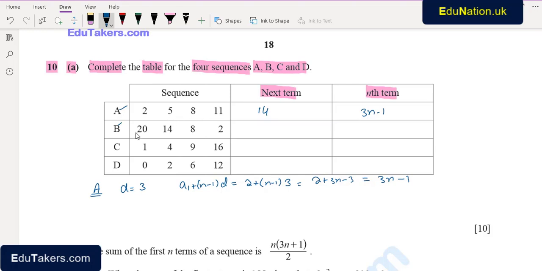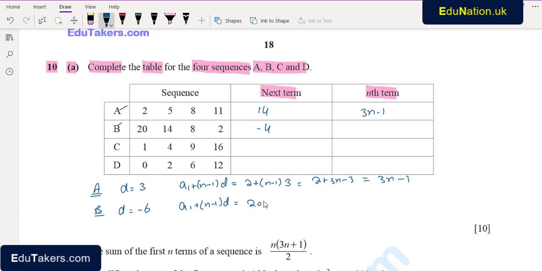Sequence B is 20, 14, 8 and 2. Here the difference is 14 minus 20 is minus 6, 8 minus 14 is minus 6, 2 minus 8 is minus 6. So 2 minus 6 will be minus 4, and its nth term is a1 plus (n minus 1) into d.